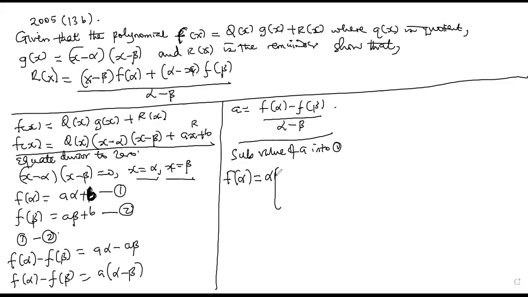Remember, the value of a is f of alpha minus f of beta, everything out of alpha minus beta. Mathematically, when we are multiplying fractions, the multiplier will multiply into the numerator only. So f of alpha is going to be equal to a, we have a plus b.